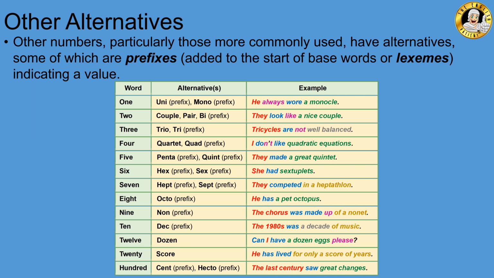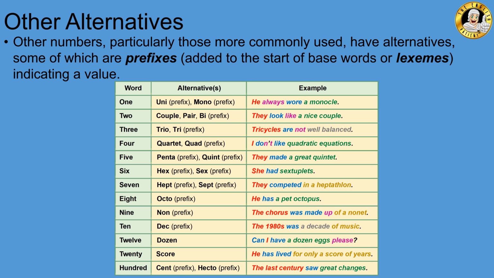For example, he always wore a monocle. A monocle would be glasses, except they're not glasses, it's just one of them. So you have one eyeglass, a monocle. 2, often referred to as couple, pair, or as a prefix, bi. For example, bicycle has 2 wheels. So they look like a nice couple.